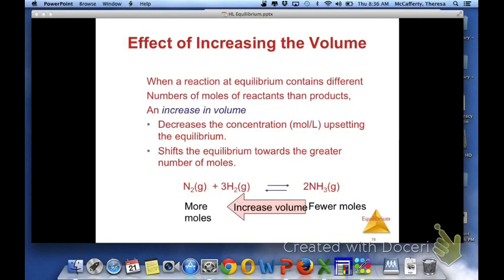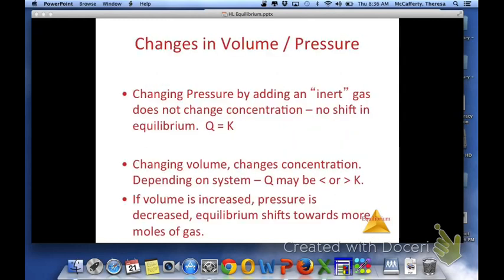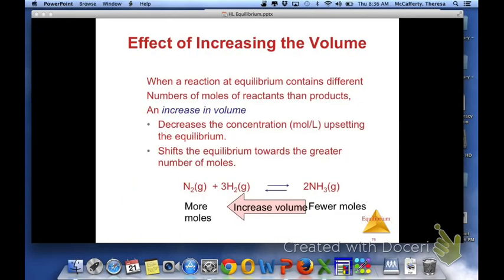I'm going to skip over those. If I increase the volume, it's going to shift the equilibrium to the side with more moles. And again, this is for a gas system.